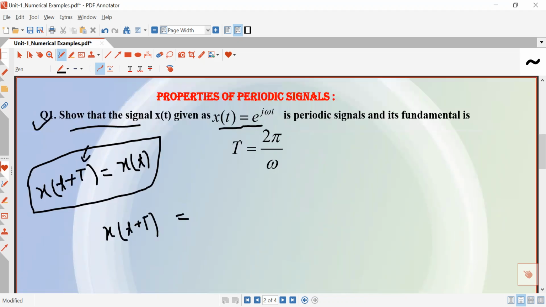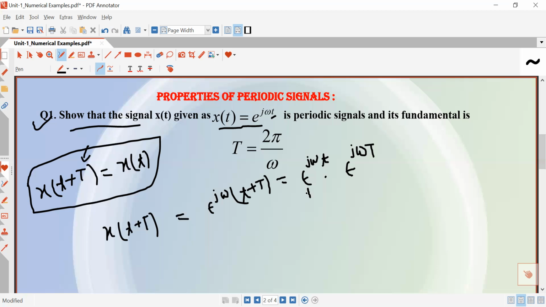If x(t) is e to the power j omega t, then x(t plus T) will be equal to e to the power j omega, and in place of t, you have to write t plus T. Now you can break this expression into two exponential terms. e to the power j omega t will be one term, and e to the power j omega capital T will be the other term.